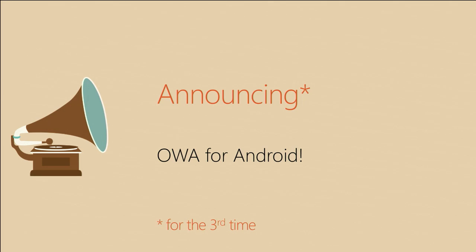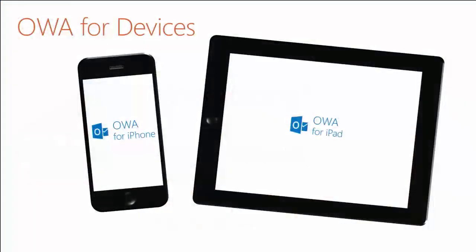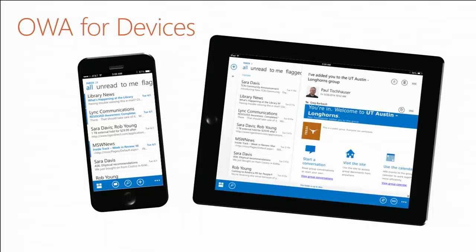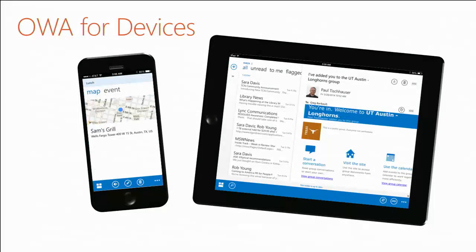But so we introduced OWA for devices, I guess, last June or July on iOS, and this starts us along the path of trying to provide this consistent experience across all mobile devices, and at the same time light up the new functionality, which is built into Exchange. And so whether you're on a mobile device or a tablet, you get the same look and feel, the same experience.